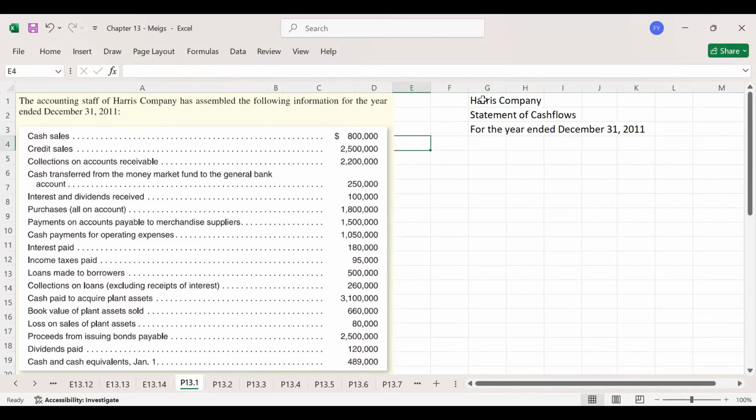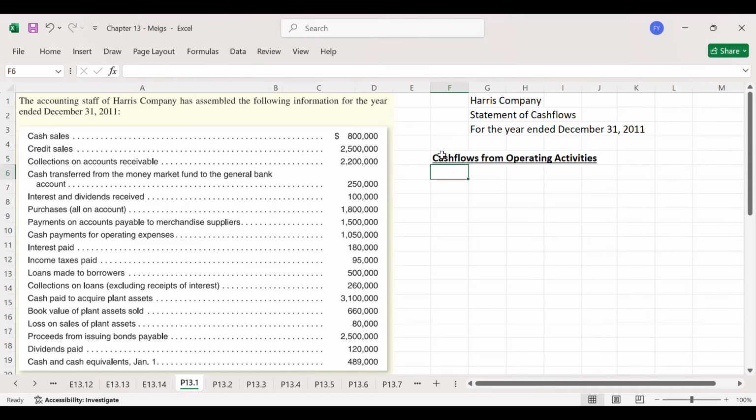We have three activities. The first activity is cash flows from operating activities, and this should be highlighted.